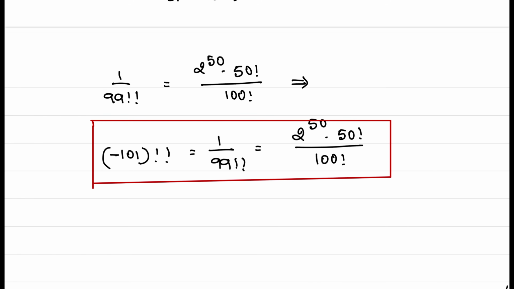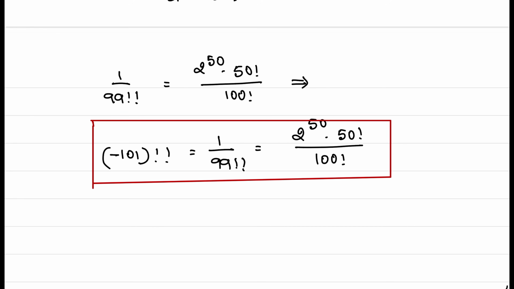That means there will be double factorials for negative integers also. If there is any conception that for negative integers there are no double factorials, please remove that. With this, I want to conclude this lecture, and it's a very important lecture.